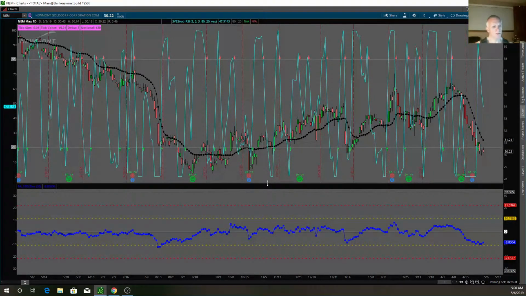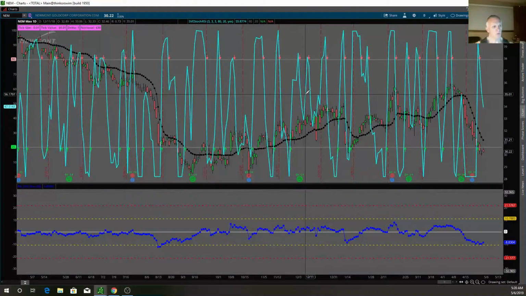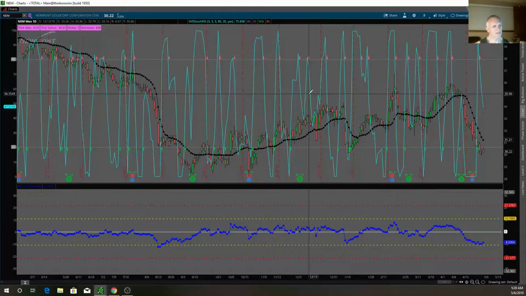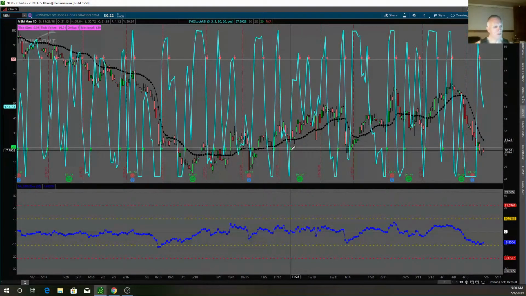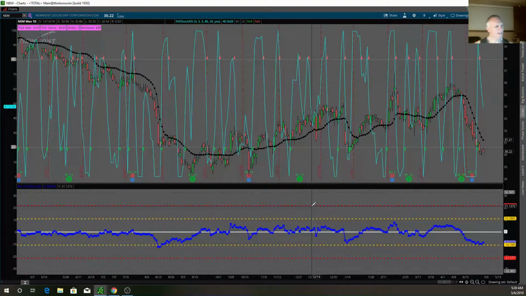So it depends on what you like to see. You overlay this on price, and you can see the sell signals and how the market reacts every time you get a buy and sell signal. So that's kind of neat too. Puts it in a little different perspective.